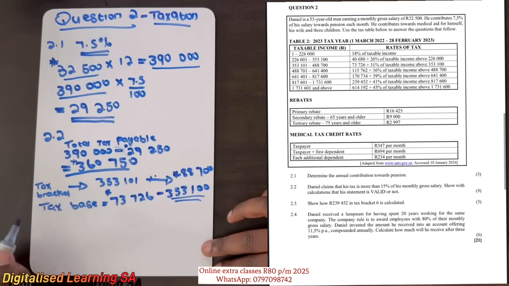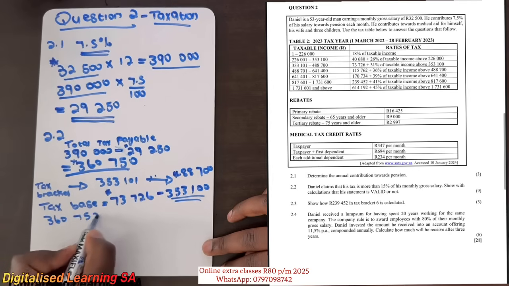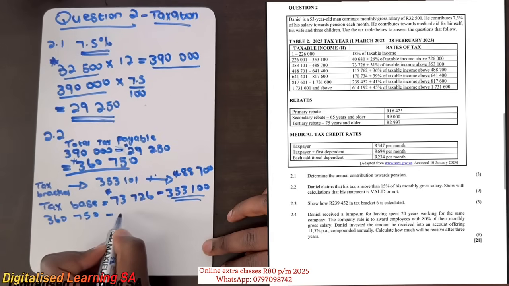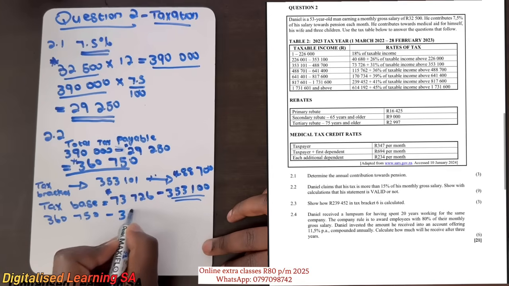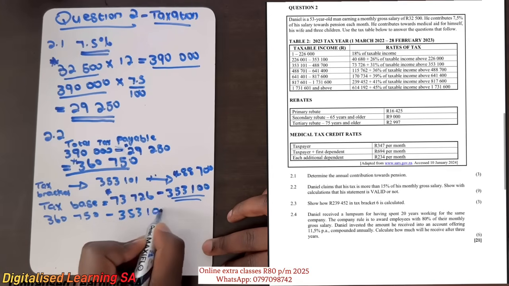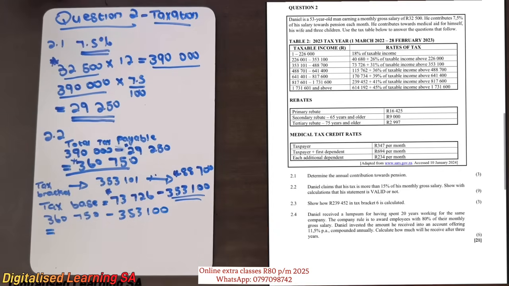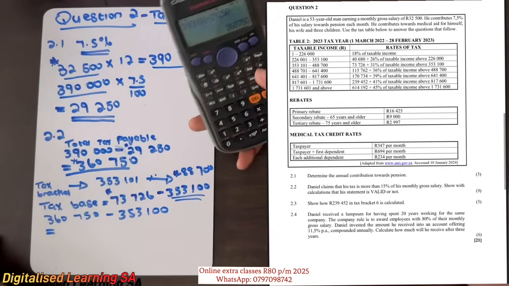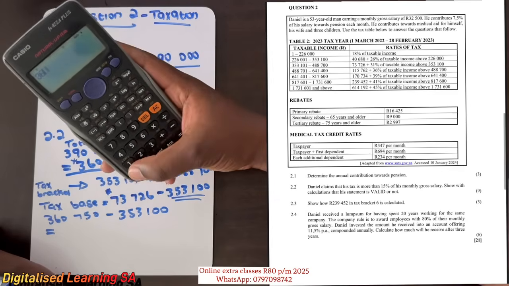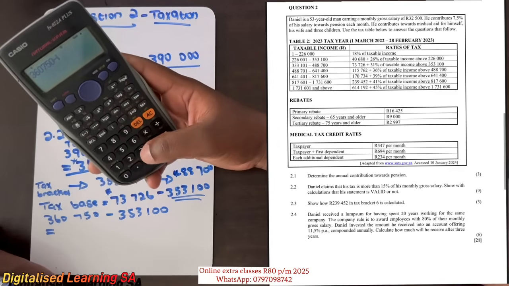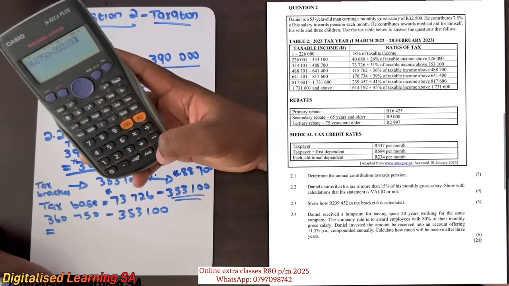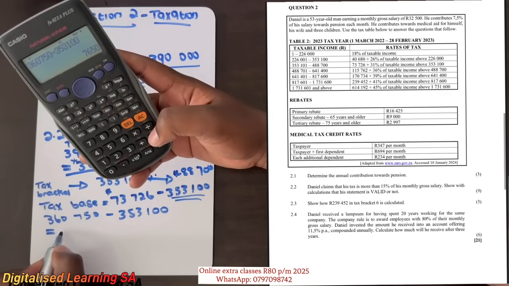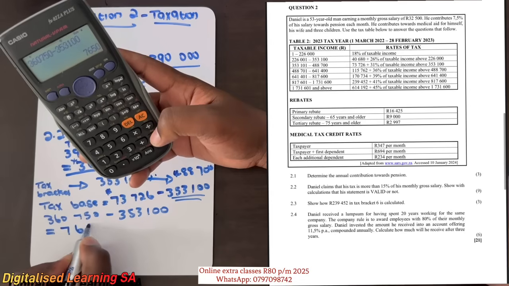How do we get the balance? To get how much tax we still need to calculate, we say 360,750 minus what has already been calculated for us, which is 353,100, and our answer will be 7,650.